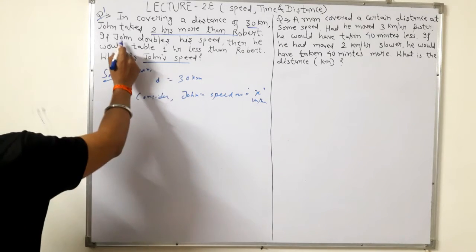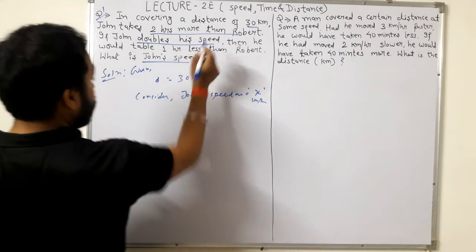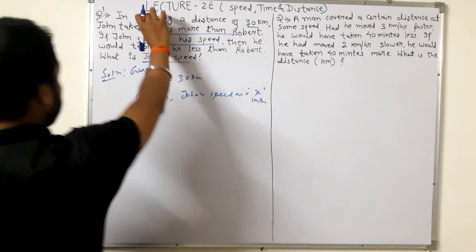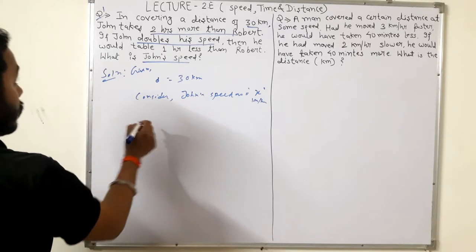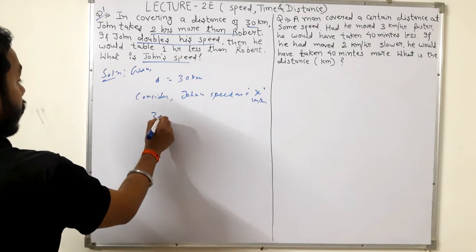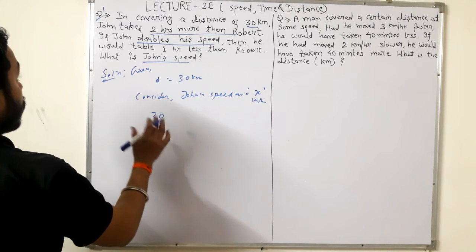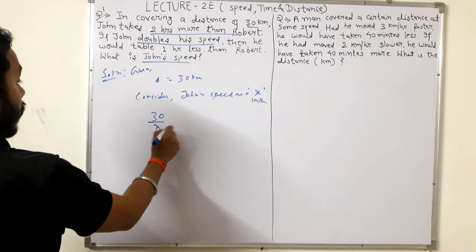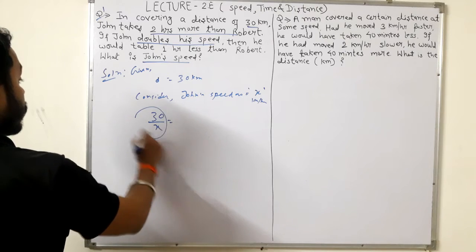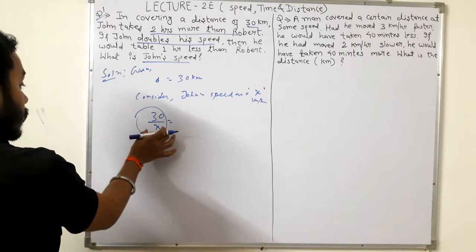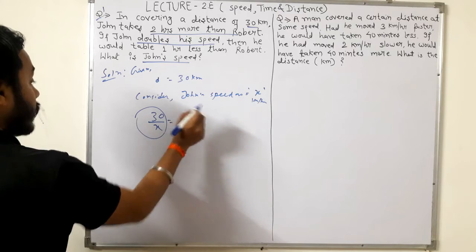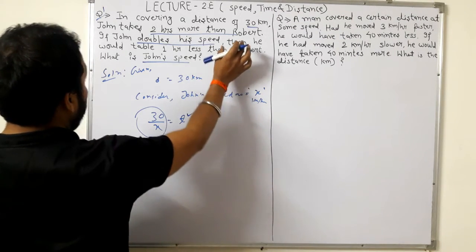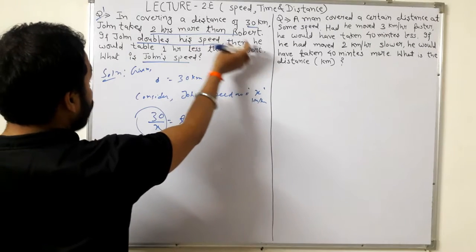Now from the first fact, we have 30, the distance, divided by the speed x, which gives the time. If Robert takes t hours, then John's time will be t plus 2, since it is clearly given that John takes 2 hours more than Robert.